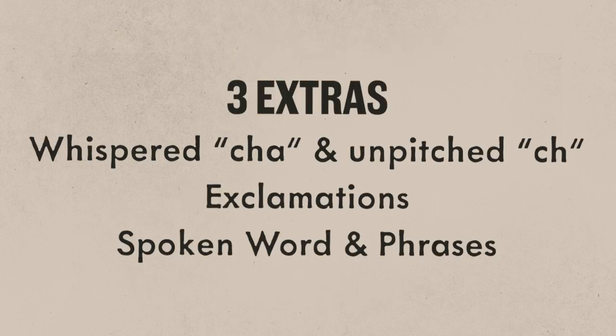Then we have a dedicated patch for unpitched cha and ch sounds, which is kind of akin to the sound of a vocally sourced shaker or percussion instrument. And then there's 2 more extra patches for unpitched exclamations and effects and spoken words and phrases.